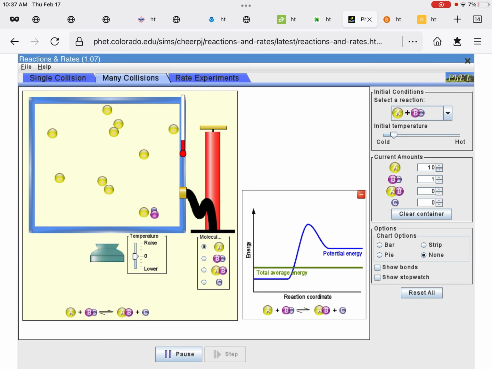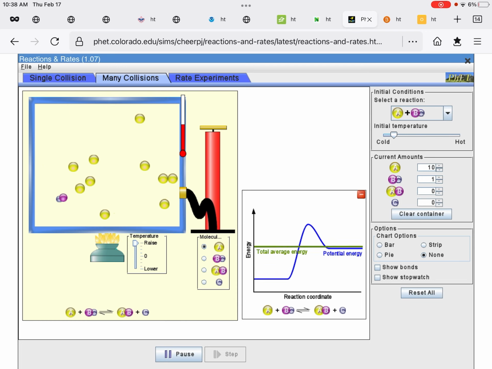In particular kinetic energy, the molecules have to be moving fast enough that when they run into each other, there's the chance that the bond between B and C can get broken as the bond between A and B is starting to form. The only way we have to change the energetics here is to raise the temperature. The energetics are determined by lots of things that you don't really have to worry about, but the only way here to change the rate of this reaction at the moment is to increase the temperature.